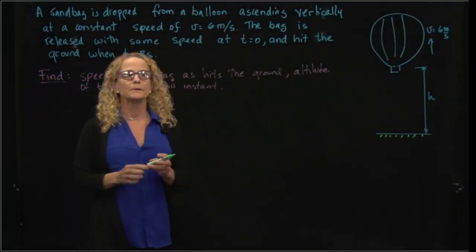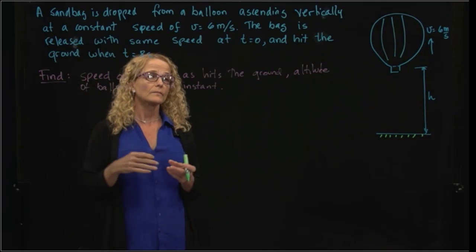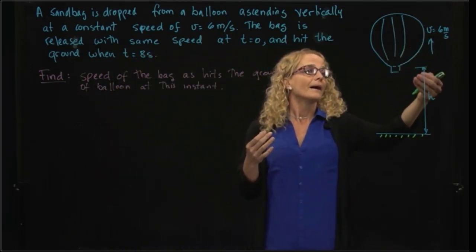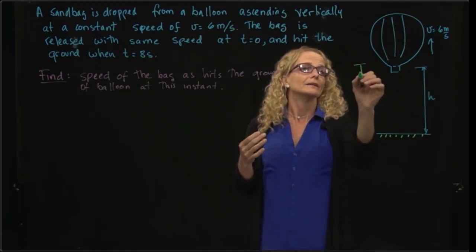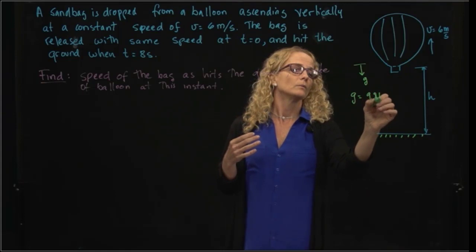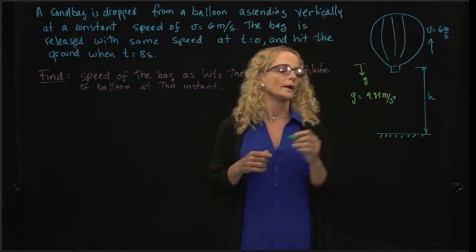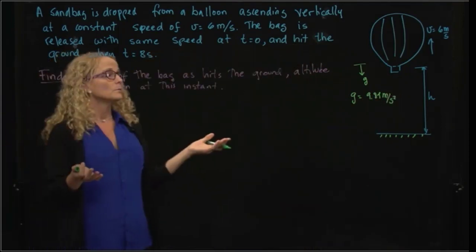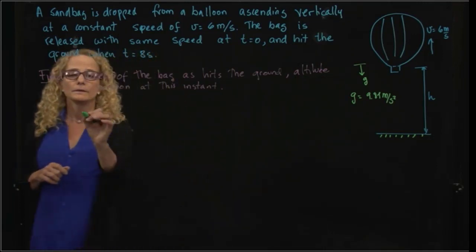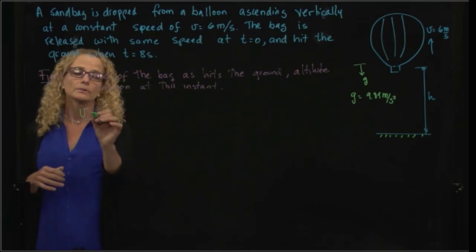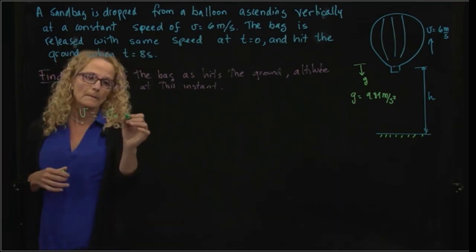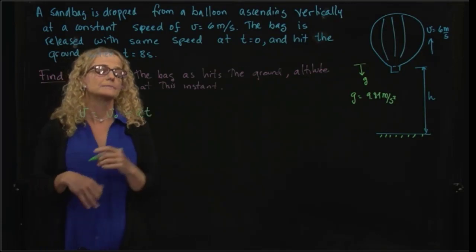So let's start with the speed of the bag when it hits the ground. We know that it was released with a constant velocity, but the bag is subjected to gravity, which is 9.81 meters per second squared. Using the formula we know from physics and review in the theory, the velocity, which is also the integral of the acceleration, will be velocity 0 plus acceleration times t.